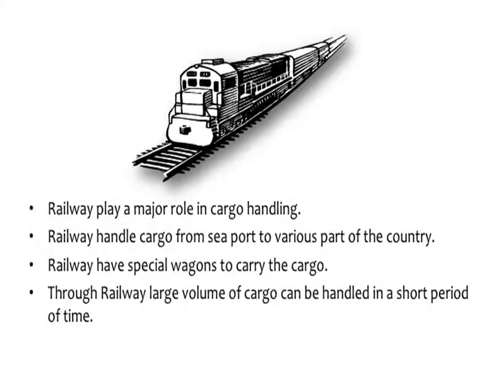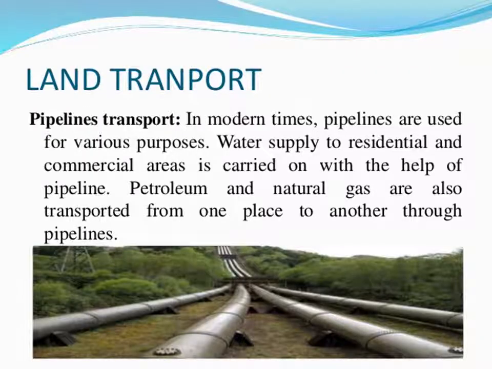Railway, which is part of land, also has a major role to play in cargo handling, especially when you're moving very bulky goods from the seaports into different parts of the country. In larger countries, this plays a very key role in getting goods around. Rail is very good for bulky, large volume cargo, and it's also used for transport of persons.